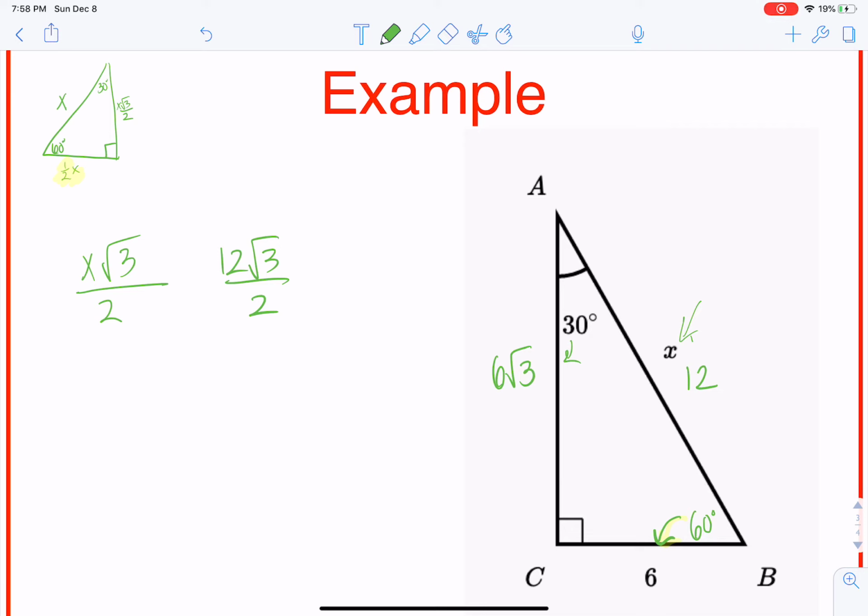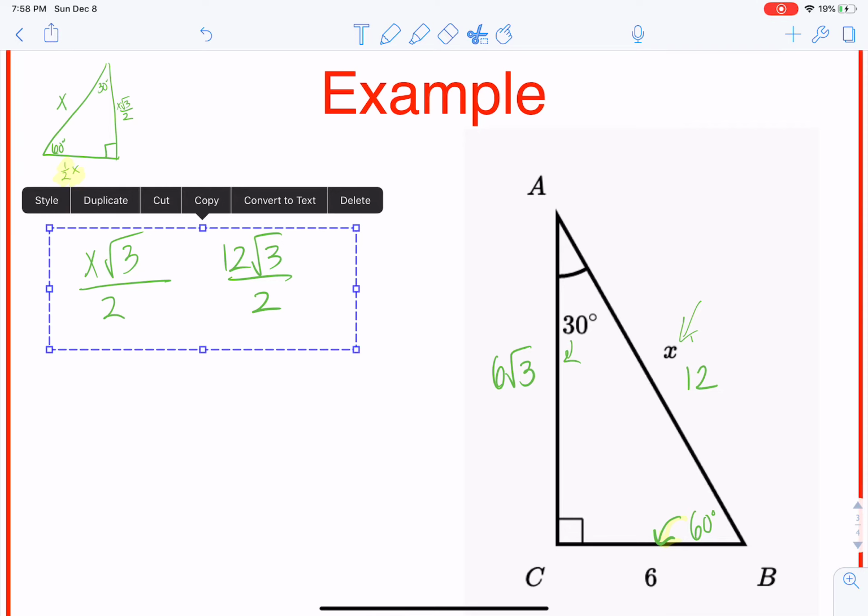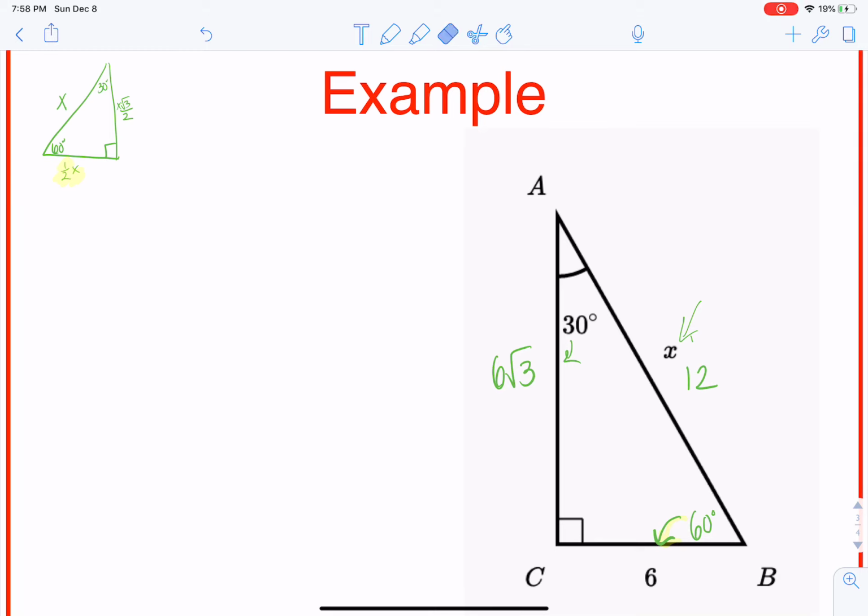The other thing that I could have done here, so let's talk about another way to go about figuring this out, is taking a look at my 60-degree angle, and here is the piece of information that's given to me, which is 6. I can say that 6 is equal to 1/2 times x. So 6 is equal to my ratio side length.